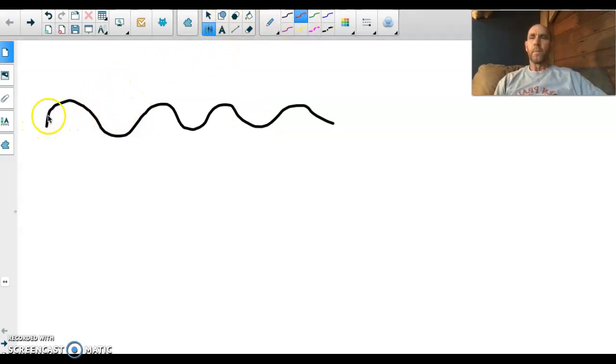Number one, there is a midline, like this, right down the middle. And from the midline to the top and the midline to the bottom is called the amplitude.